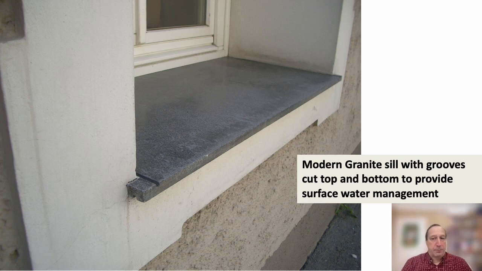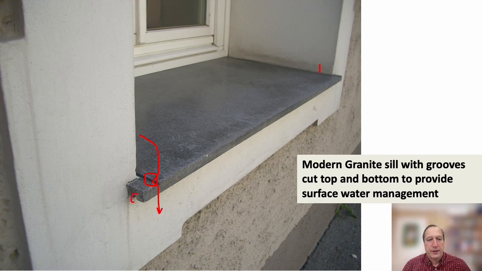This is a building in Germany where they're using a granite sill. It's not quite as steeply sloped as I'd like it, but why I want to show you it is that rather than having the end dams raised up, they use the saw kerf approach, cutting a groove in the granite to make sure that water running here actually is intercepted and then drips off here.